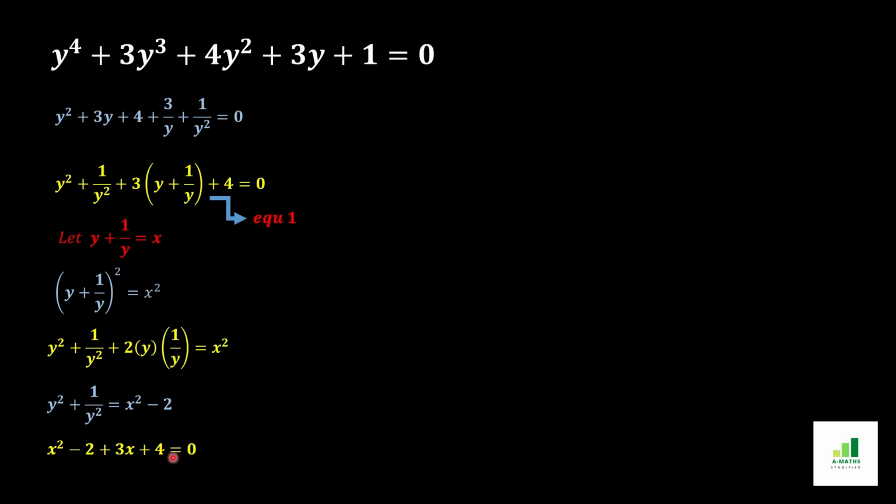Now we will arrange this equation, and we will get x square plus 3x, same as before, and minus 2 plus 4 equals plus 2, equal to 0 as before.